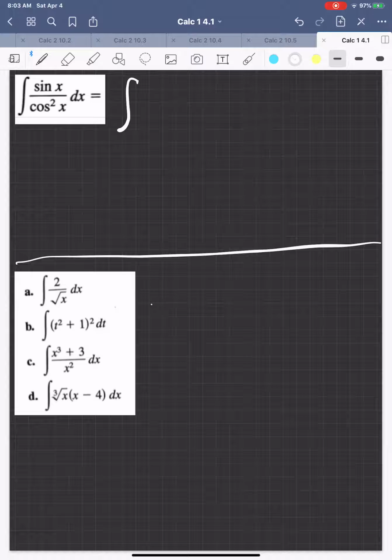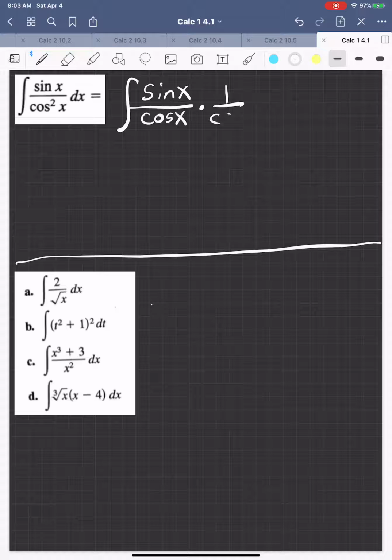I'm going to write this as sine of x over cosine of x times 1 over cosine of x, because cosine times cosine is cosine squared, and sine times 1 is just sine.